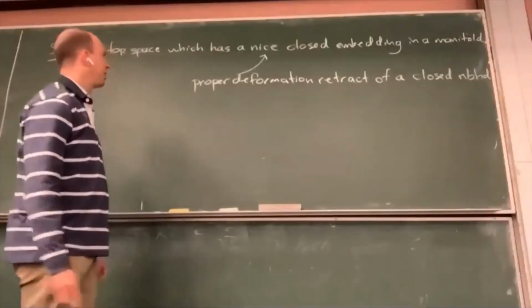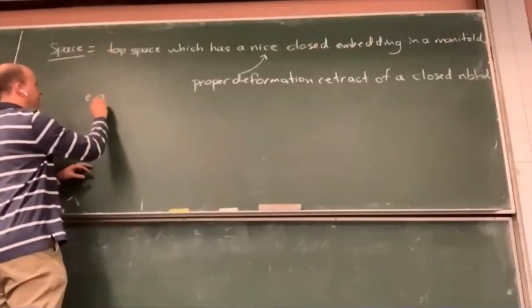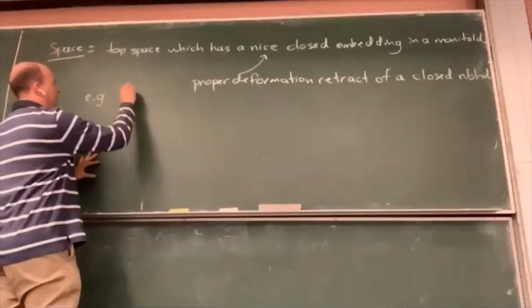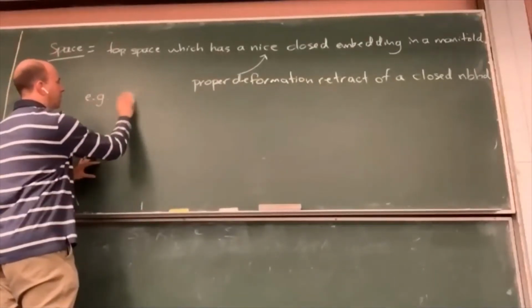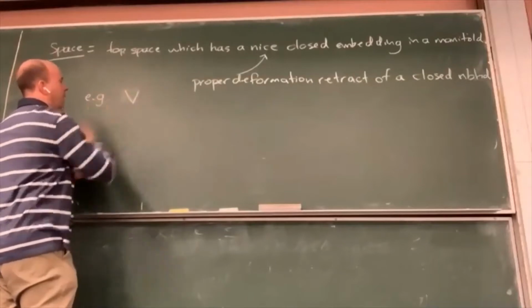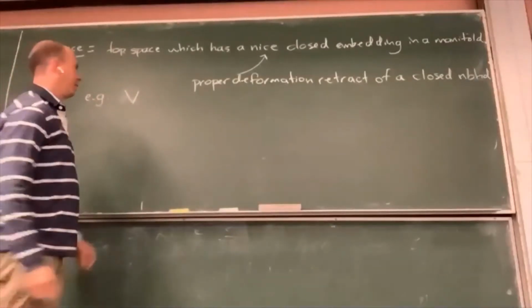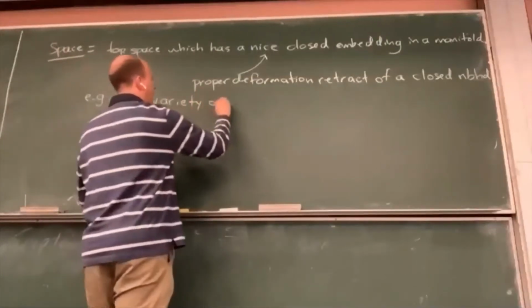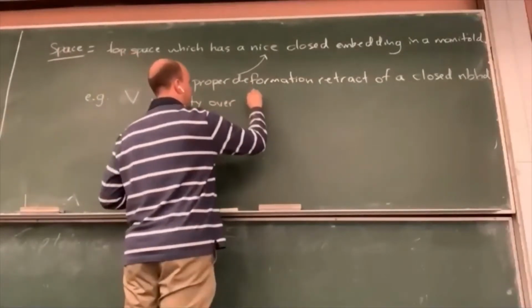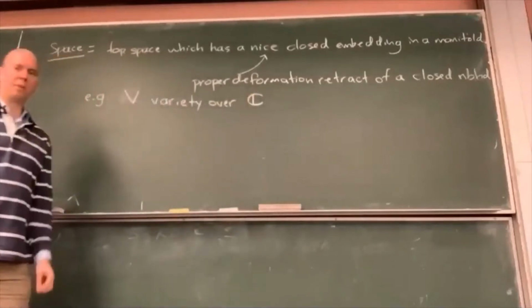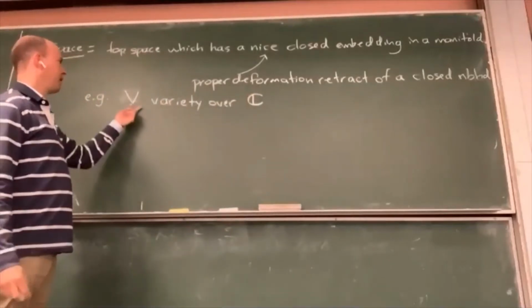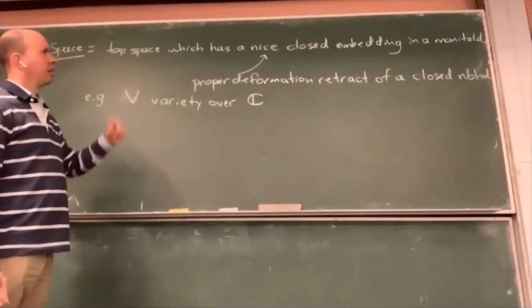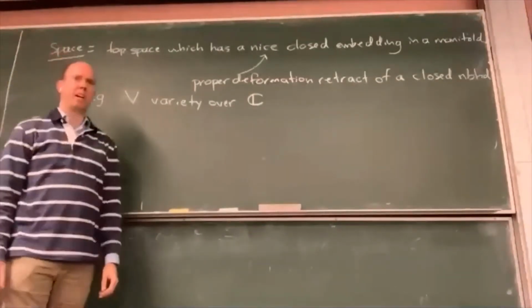about it because it's a known fact that for any, well, and I'll say V again, for any variety over the complex numbers, if you take its set of C points with the strong topology, then it is a topological space of this kind.